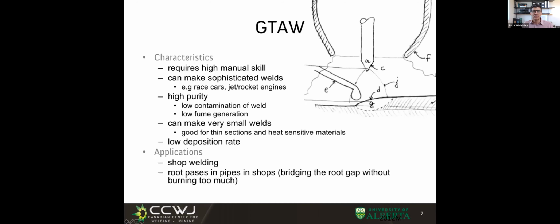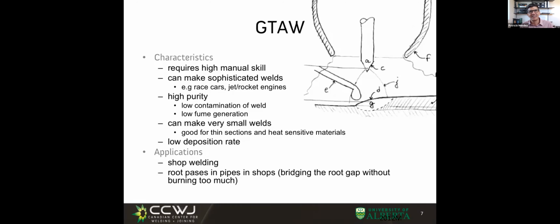So when we say TIG, it would be like the equivalent of a scalpel for a surgeon. It's something that can make very precise cuts. You wouldn't be chopping down a tree with a scalpel, right? You'd use a chainsaw, but you would not do surgery with a chainsaw, I want to believe.